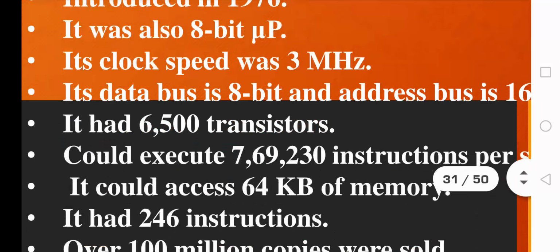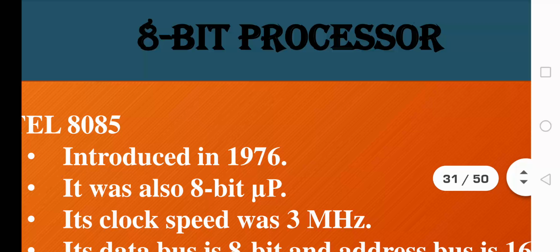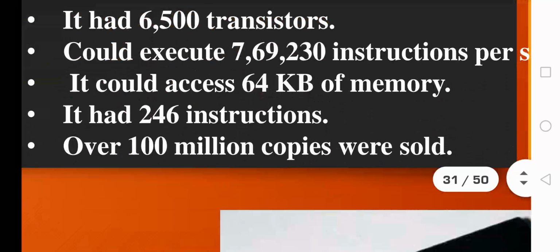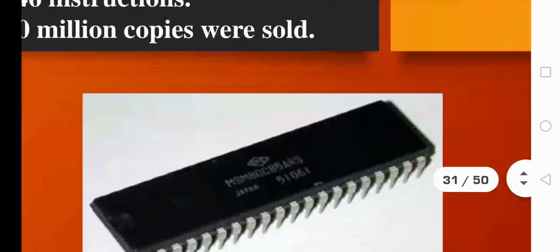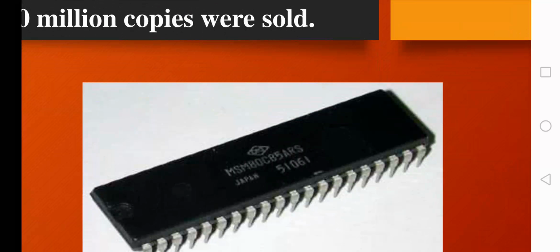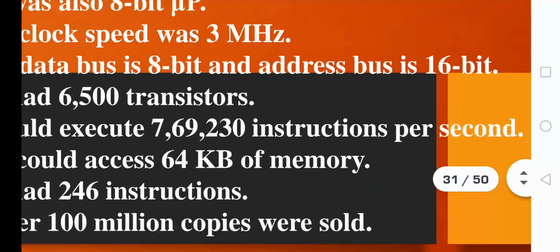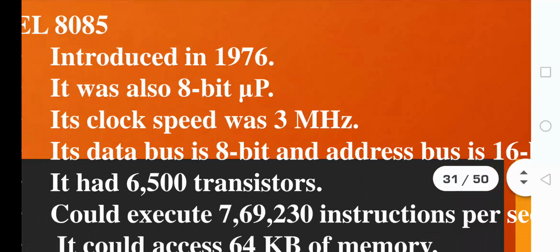Actually, this 8085 microprocessor was highly popular. Around 100 million copies were sold, that is, 100 million 8085 microprocessor IC chips were sold. That means it gained high popularity at that time, in the year 1976, more than the rest of the microprocessors.